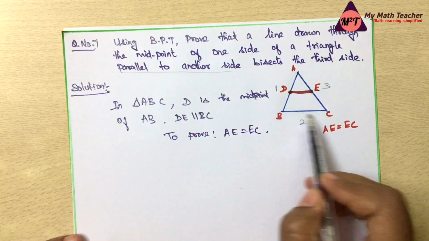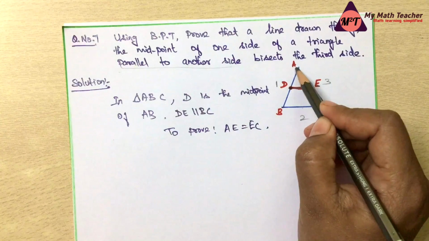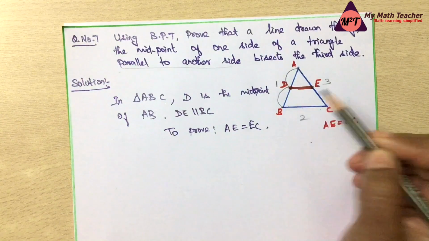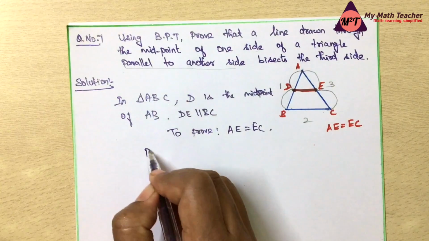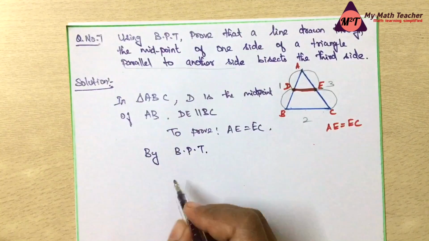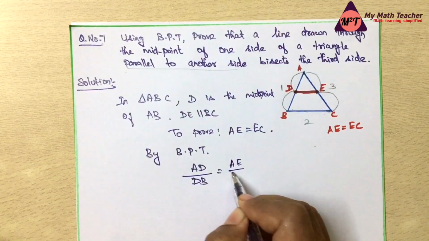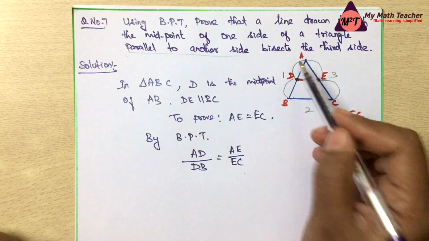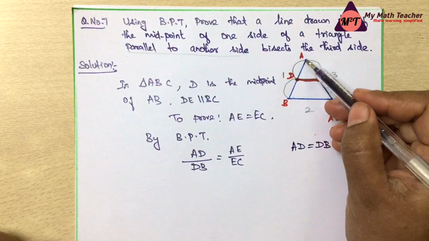When DE is parallel to BC, we can say by basic proportionality theorem, AD divided by DB is equal to AE divided by EC. Here we can write AD is equal to DB because it's the midpoint.